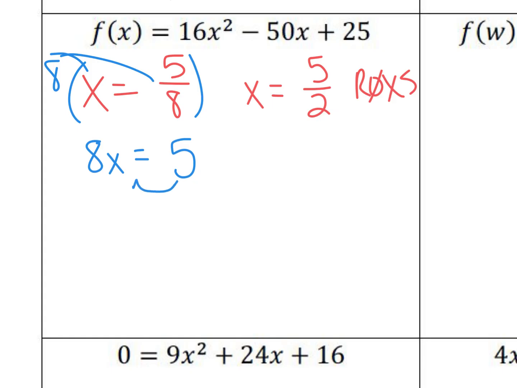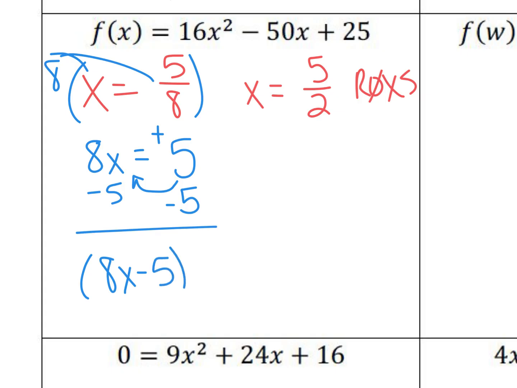Now, we can move our 5 over because we want everything on the same side. How do I move that 5 over? It's a positive, so we're going to subtract it. Ooh, okay, so this one's a trickier one. We have 8x minus 5. That's one of our factors.